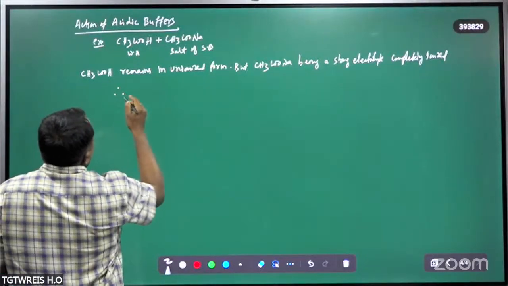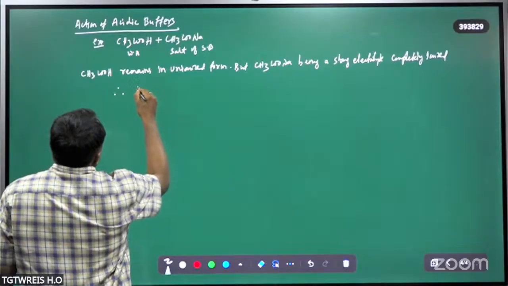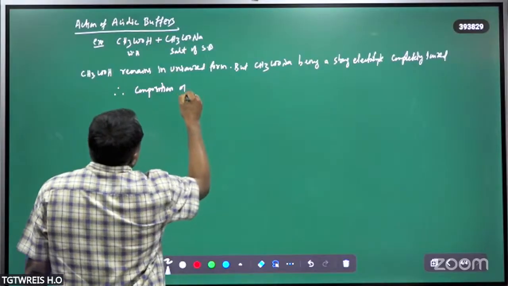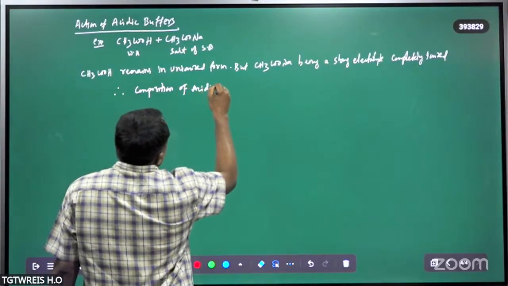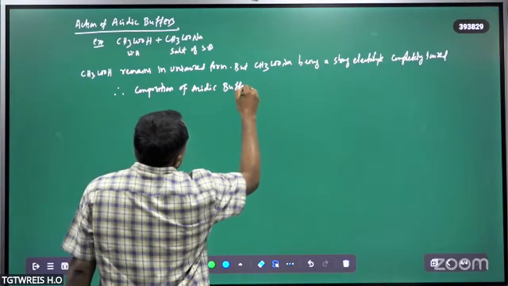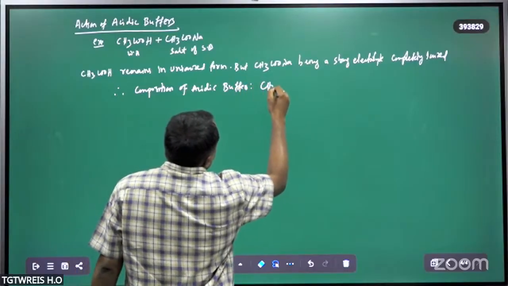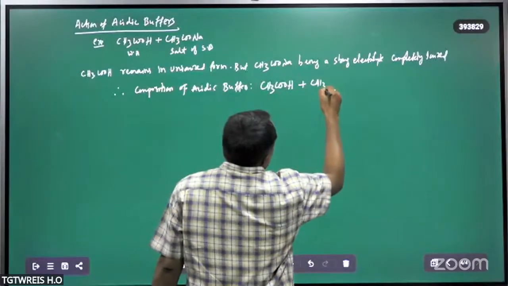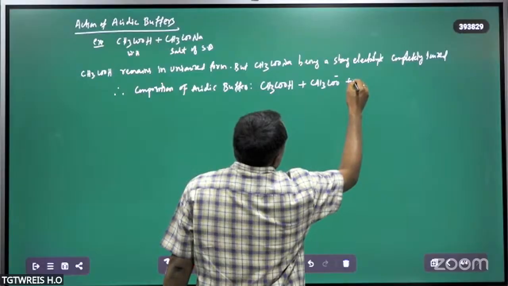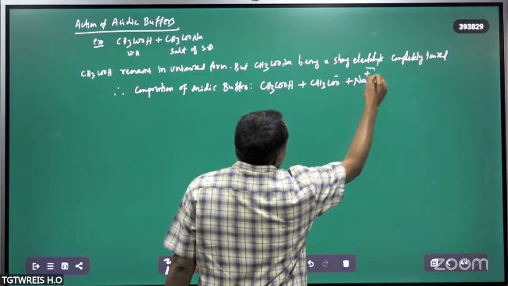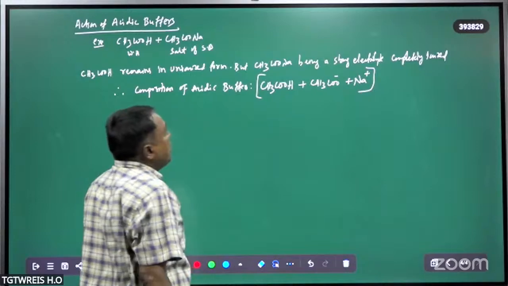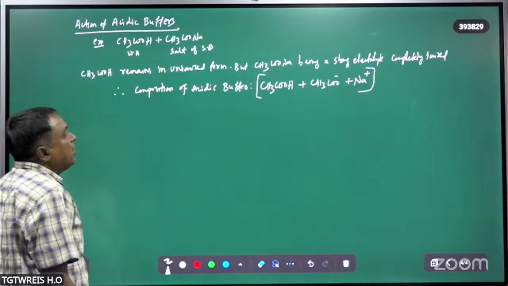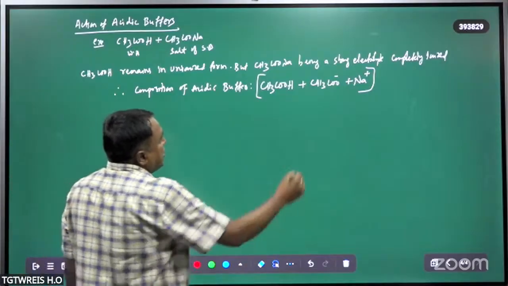Therefore, the composition of the acidic buffer will be CH3COOH in unionized form, whereas CH3COO-Na+ is in completely ionized form.